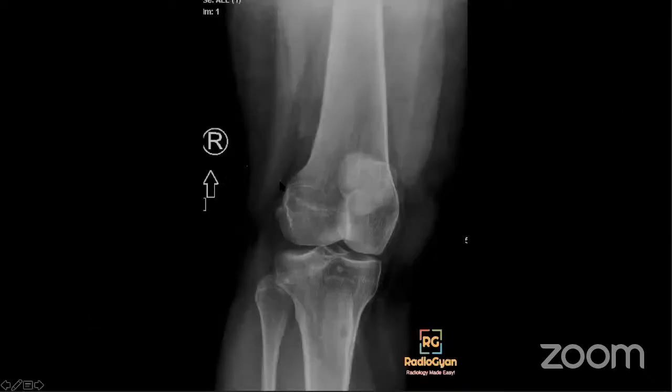So we see an area of sclerosis involving the proximal tibia, and there is a central lucency. So in a younger patient with knee pain with typical history of night pain, which is relieved by NSAIDs, what would be your thought?